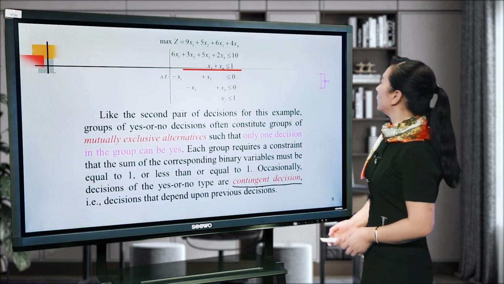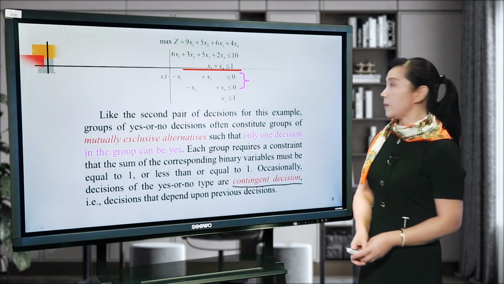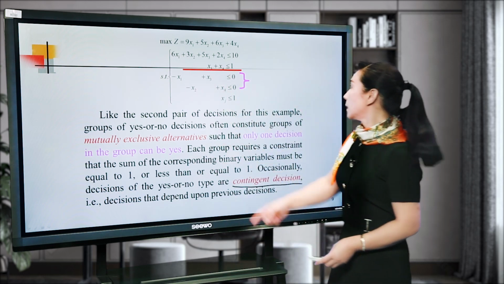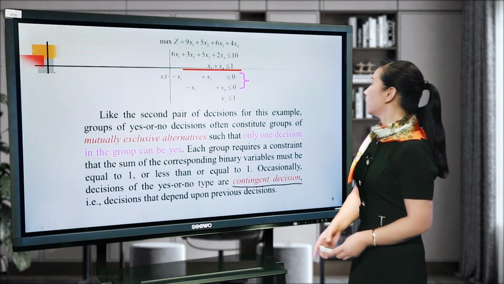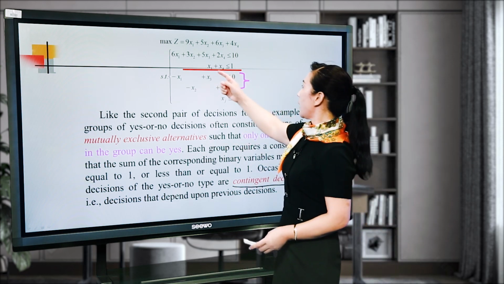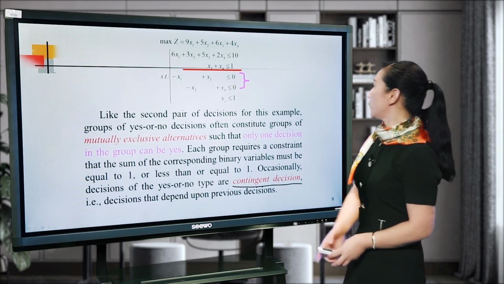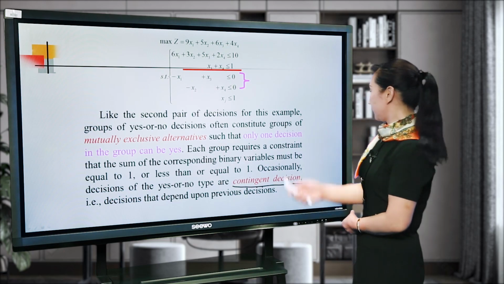In this model, these are the contingent decisions. It means if x3 equals 1, then x1 must first equal 1. That is, if we build a warehouse in Los Angeles, we first build a factory in Los Angeles.